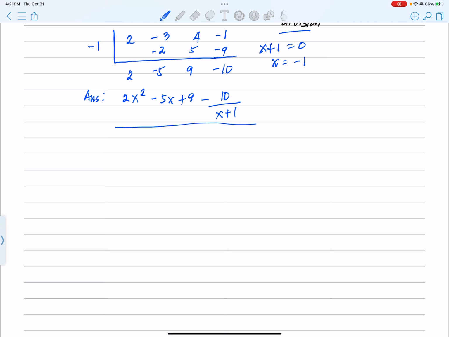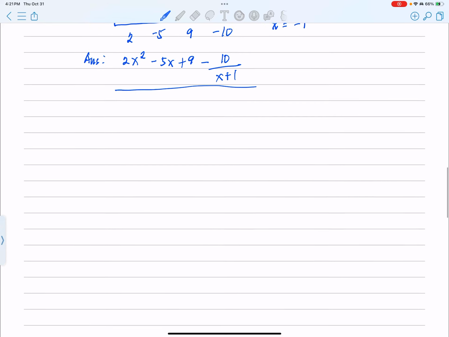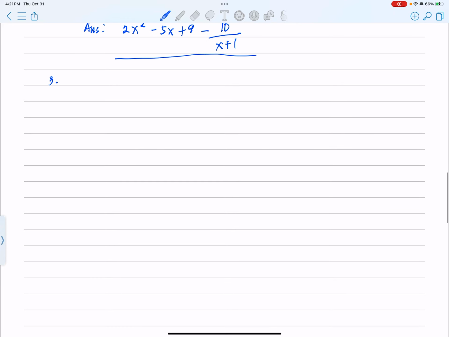I'm trying to pull out some question here. Okay, this is number 2, then we have number 3. Determine an appropriate method for dividing the following expression.